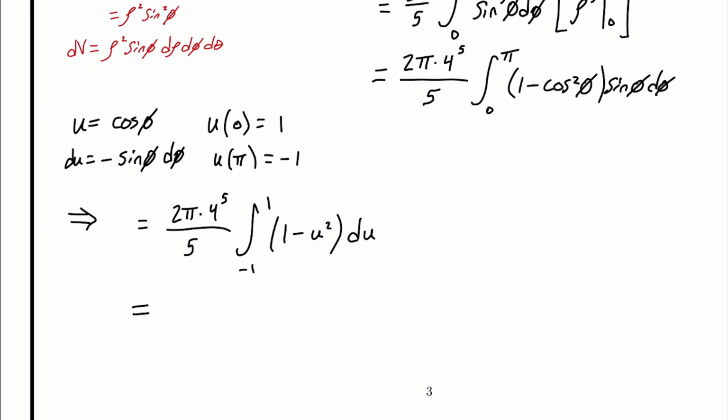So let's start rewriting this constant as well. This is 2 pi times 4 to the 5th. 4 is 2 squared, so 4 to the 5th is 2 to the 10th. So this is 2 to the 10th all over 5.